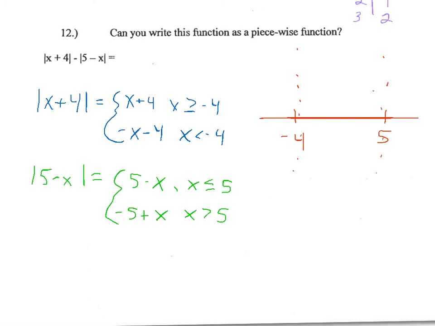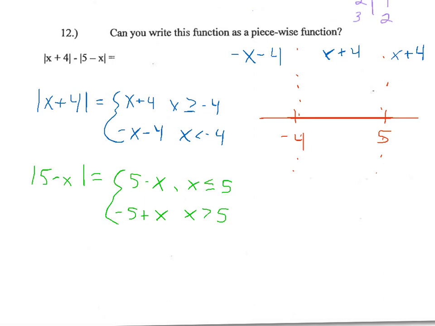For our first one, we can have x plus 4 as long as x is greater than negative 4. So I can write an x plus 4 here and an x plus 4 here. And I can have a negative x minus 4 as long as x is less than negative 4. So that would go here.